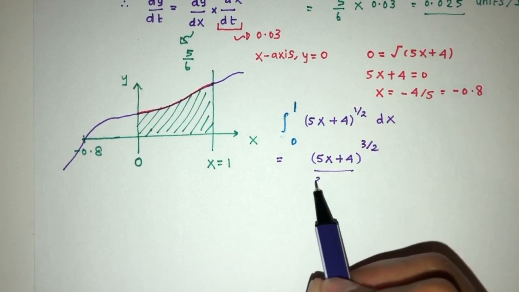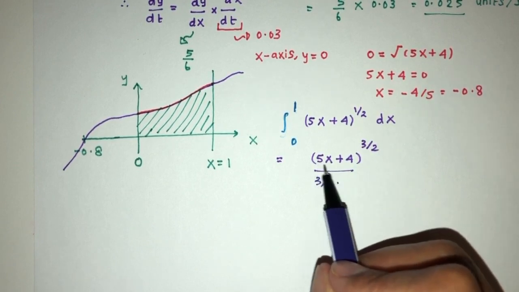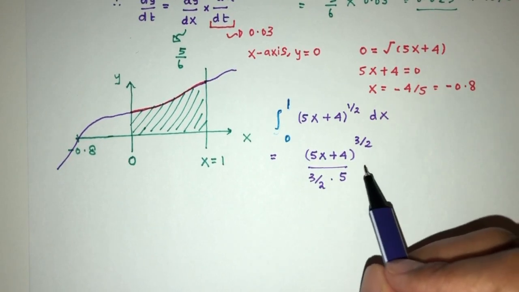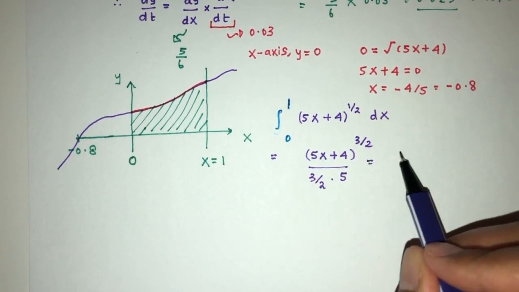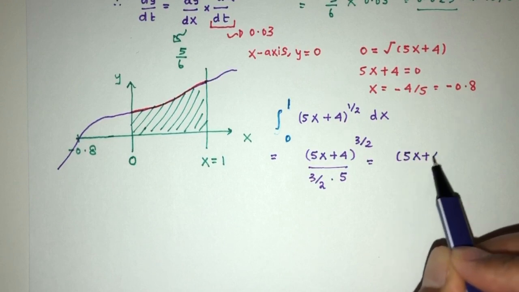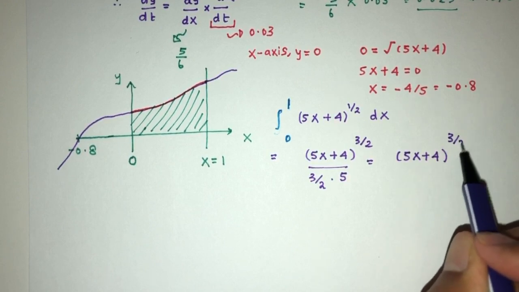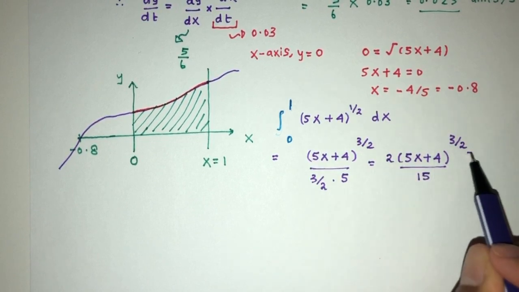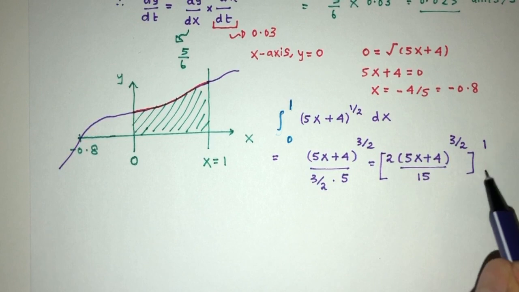Then divide by the new power, and divide by d by dx of the value inside, which is 5. We simplify: that will be 5x plus 4 power 3 over 2, over 15, times 2. And the limits were given to you as 1 and 0.